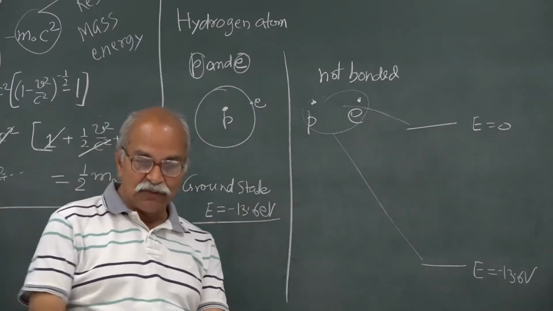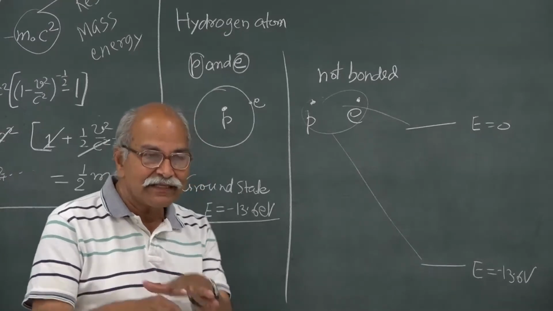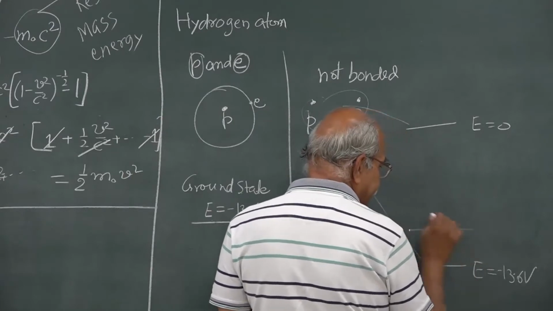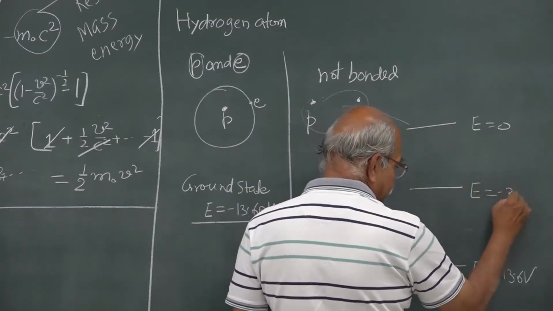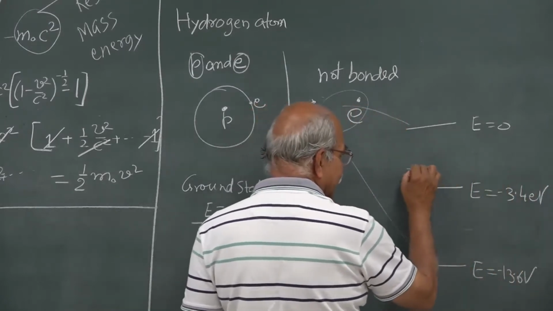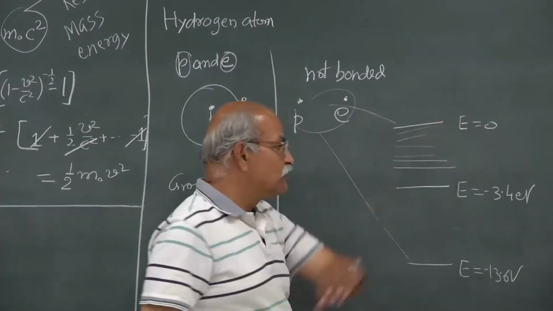So, you can have the ground state, you can have the first excited state, second excited state. In the first excited state, the energy is minus 3.4 eV. Then you have the second excited state and third excited state and so on, and finally you have E equal to 0.